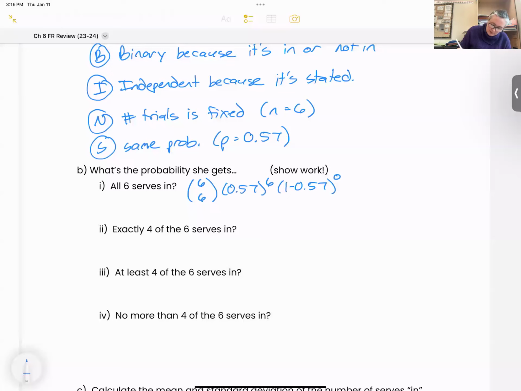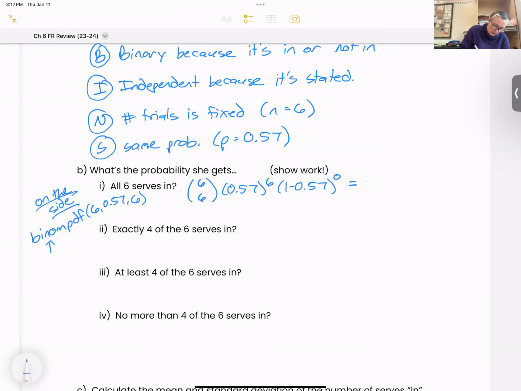So that's your work. Now, on the side, you wouldn't necessarily write this down. You're going to go find out what that is on the calculator. Go to binom PDF. Out of 6 serves with a 57% chance of getting it in, she gets 6 successes.